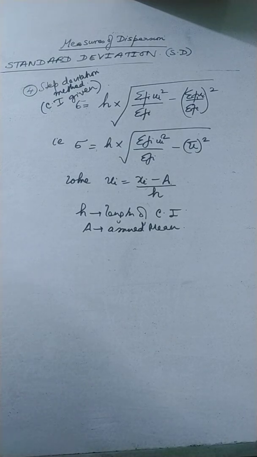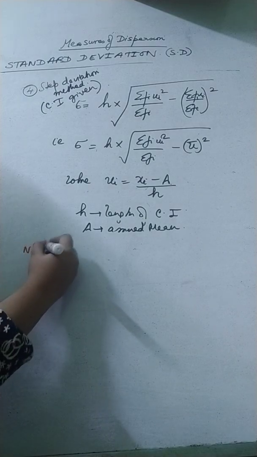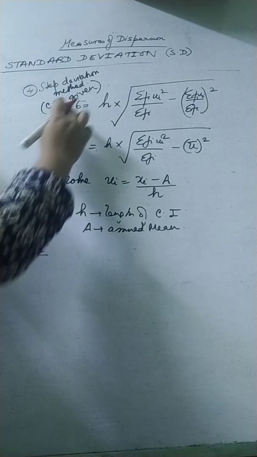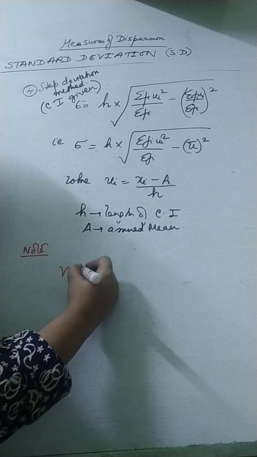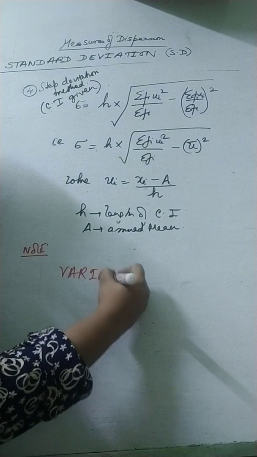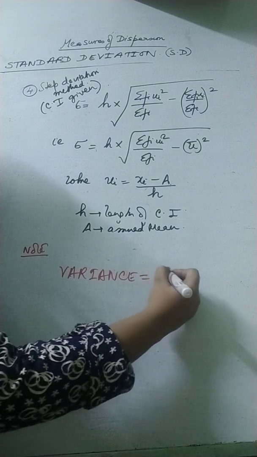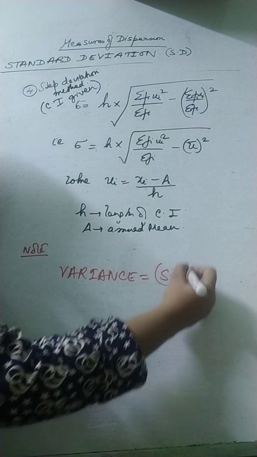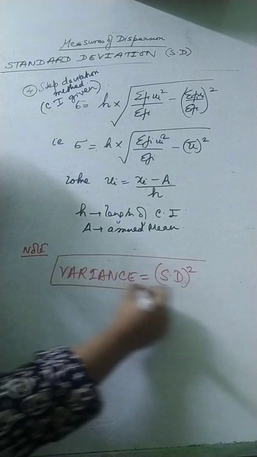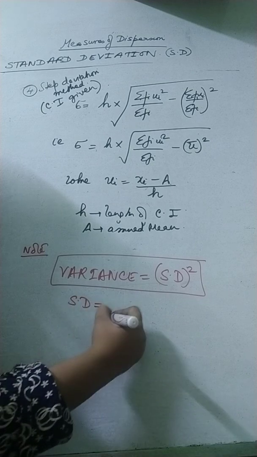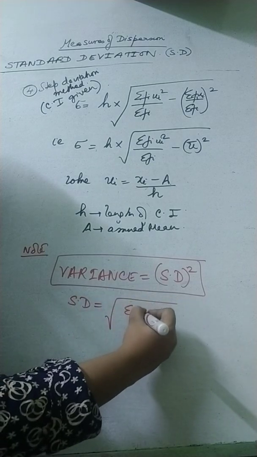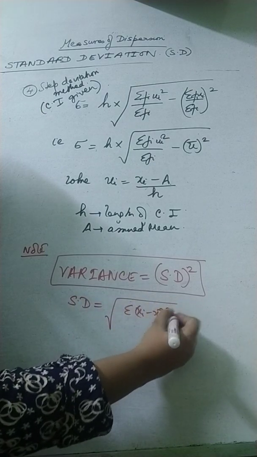Now, one thing you must remember, that is sigma or standard deviation is square root of something, isn't it, by virtue of definition. So you have a term called variance. Variance is nothing but the square of the standard deviation. Please remember this. SD by definition is root over of summation xi minus x bar whole square by n.